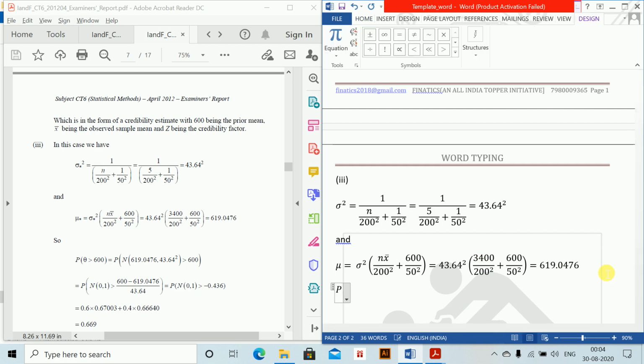Therefore, the probability of theta greater than 600 is equal to the probability that a normal distribution with mean 619.0476 and variance 43.64 squared is greater than 600.